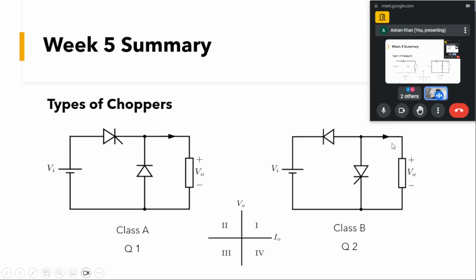So you can see here the voltage is positive at the output, but the direction of the current is negative to what is shown here. If you look at the output voltage, we have shown the polarity here, but E will be in this direction.